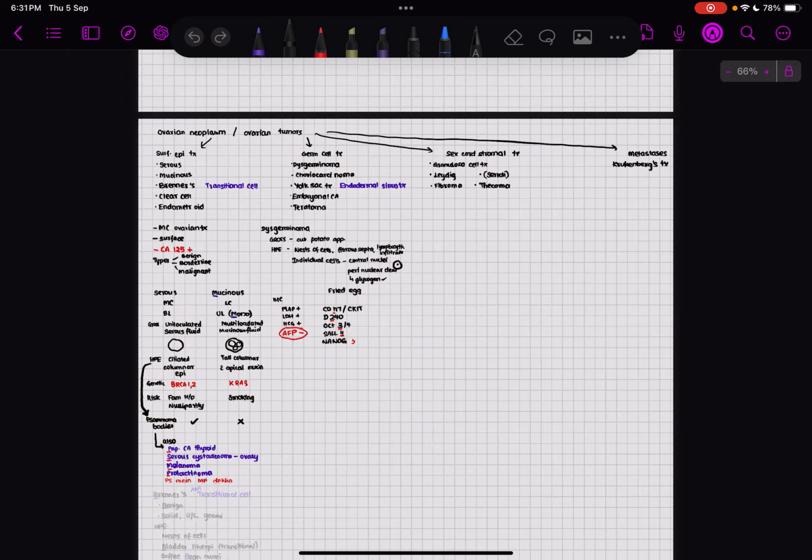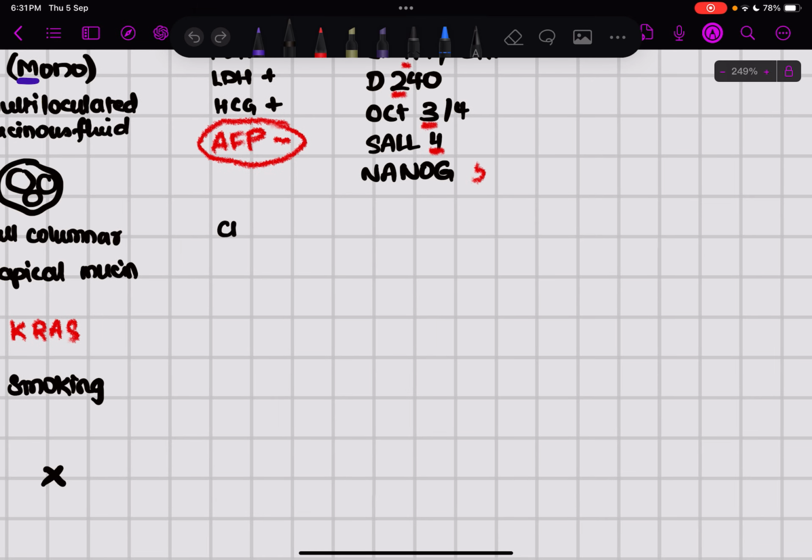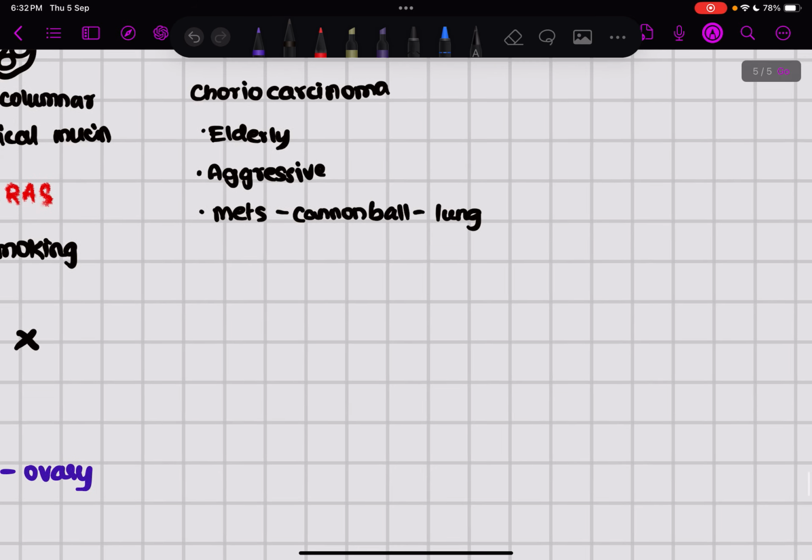Now moving on to choriocarcinoma. Choriocarcinoma occurs in the elderly. It is an aggressive tumor and has metastasis, which is cannonball mets in lungs. Gross shows hemorrhage and necrosis.